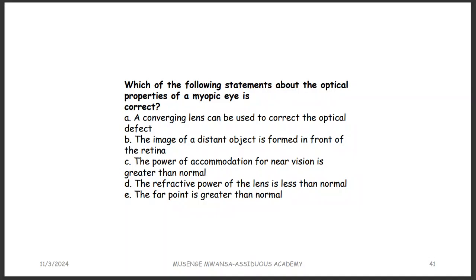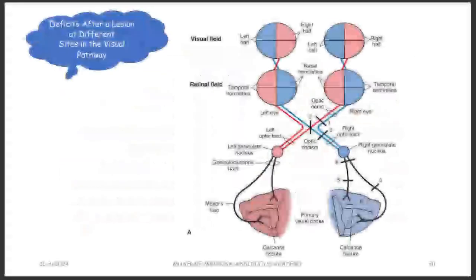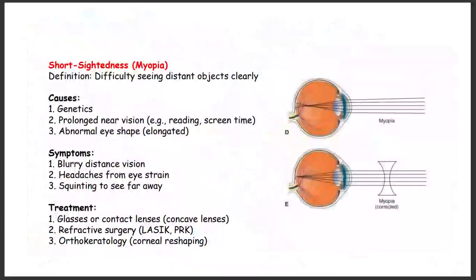A, a converging lens can be used to correct the optical defect. B, the image of a distant object is formed in front of the retina. C, the power of accommodation for near vision is greater than normal. D, the refractive power of the lens is less than normal. E, the far point is greater than normal. The answer is B: the image of a distant object is formed in front of the retina.